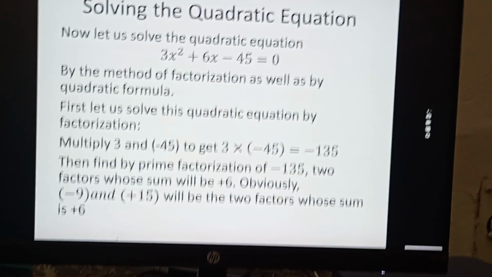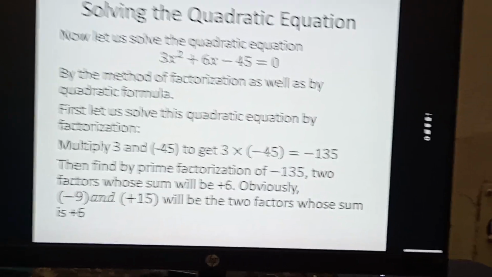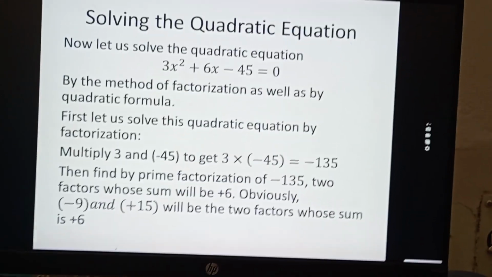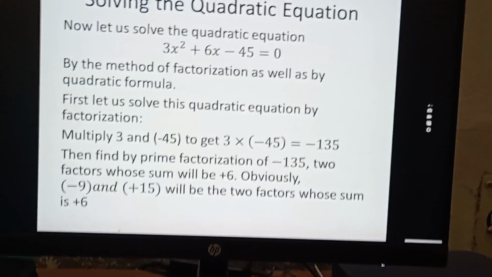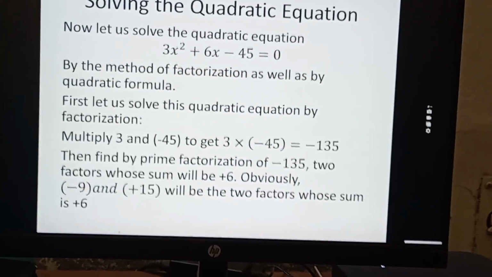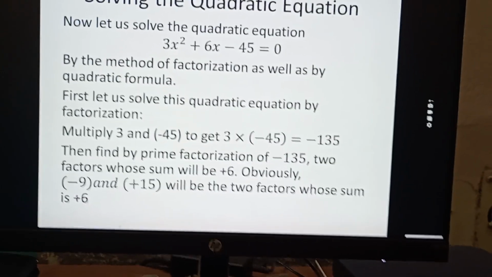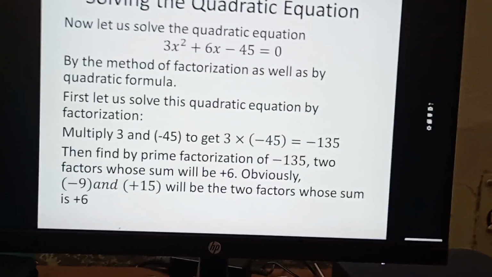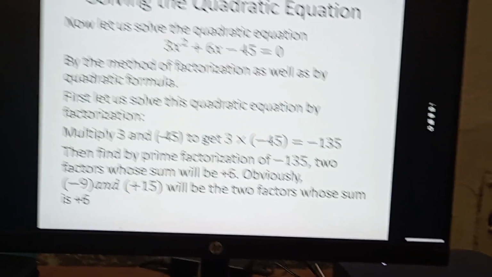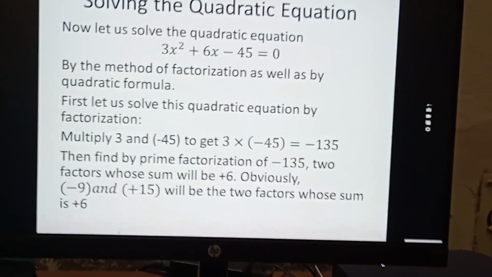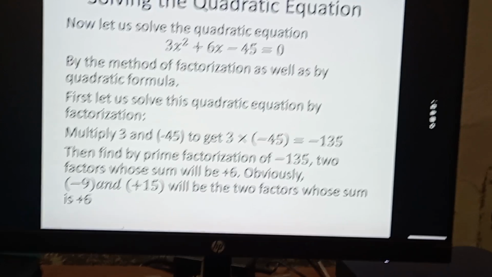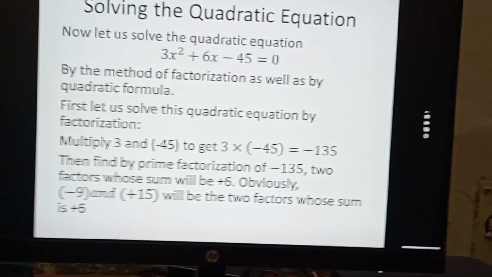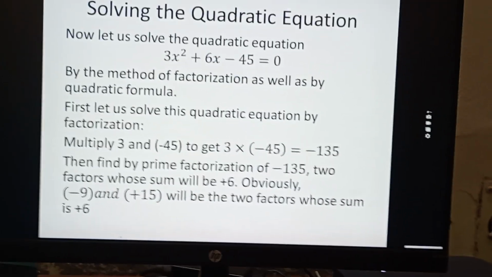Once you divide 135 by 5, what will you get? 135 by 5 gives 27. 27, again you can do by prime factorization by 3. So you will get 3 into 3 into 3 again.